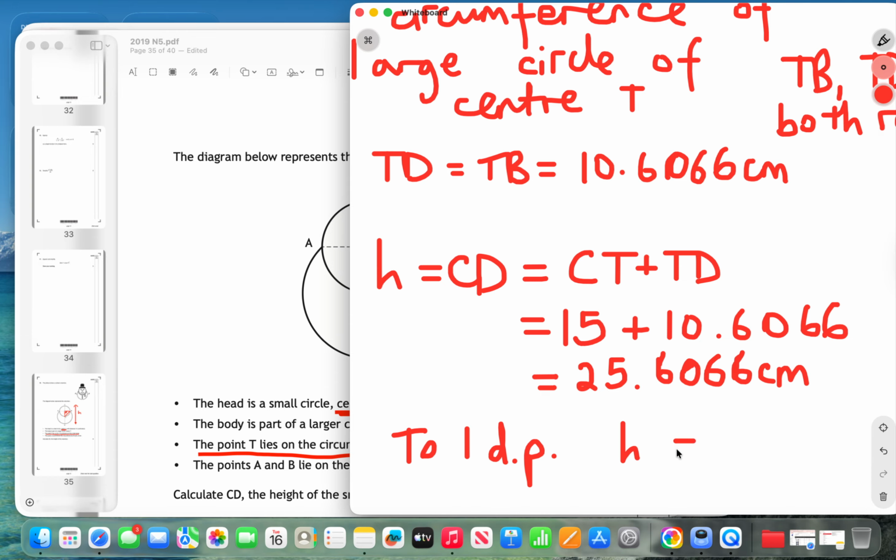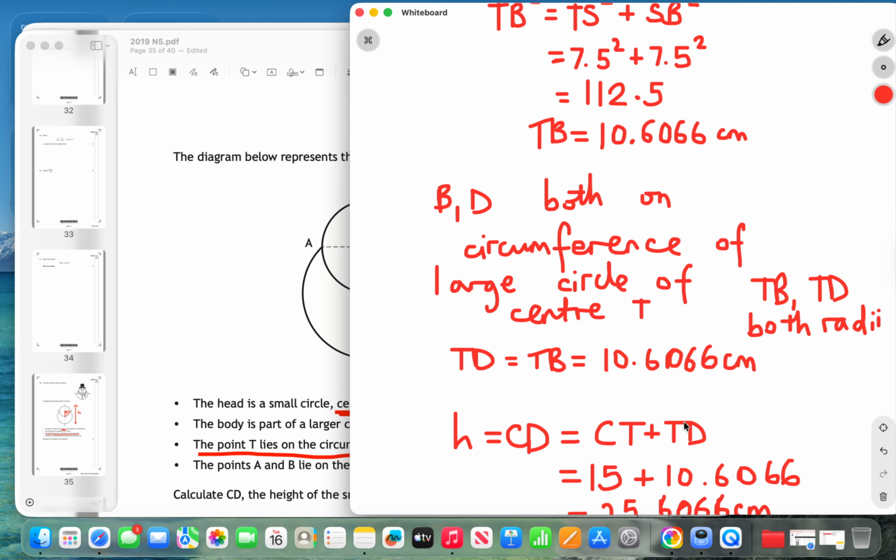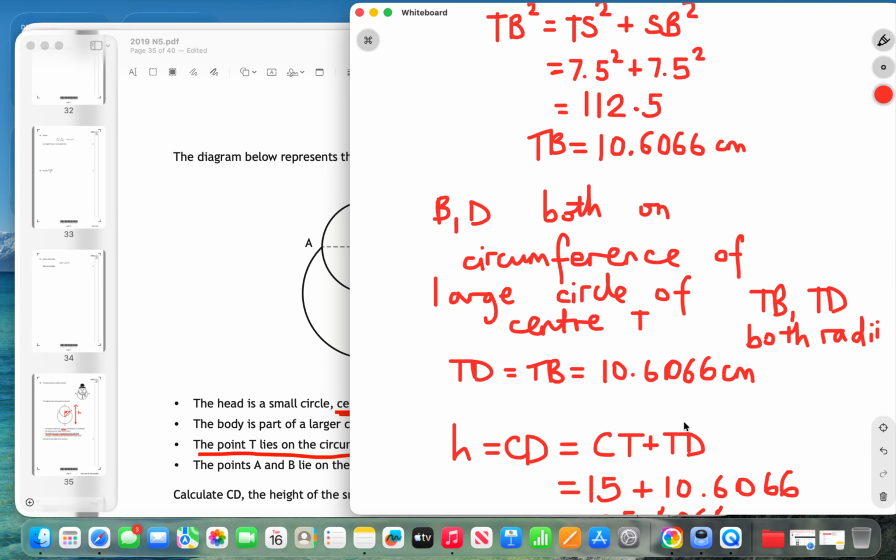So to 1 decimal place, we get that the height equals 25.6 centimetres. And that's us finished.